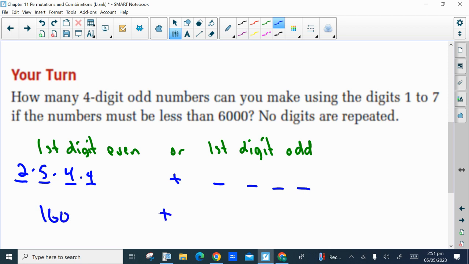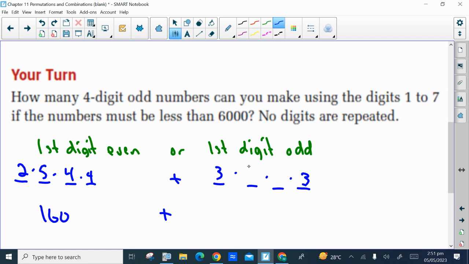Plus, if the first digit is odd, and again remember it has to be a number less than 6,000, that means it can be a 1, a 3, or a 5. There are 3 choices there. And because the first digit is odd, that leaves us only with 3 choices for the last digit. The number has to be odd, so the last digit has to be odd. We've already used 1 for the first digit though. So again, we started with 7 digits.